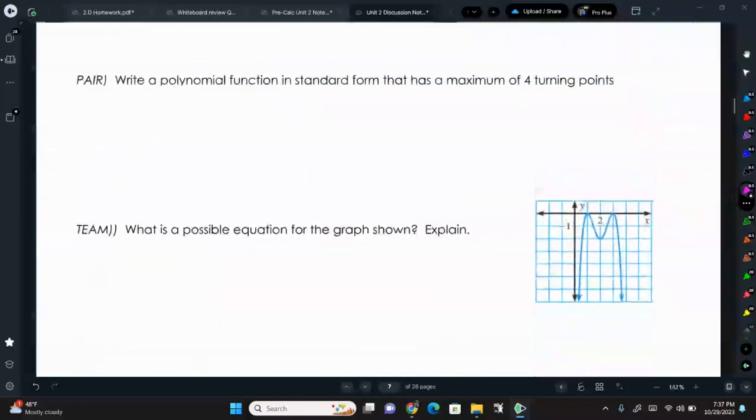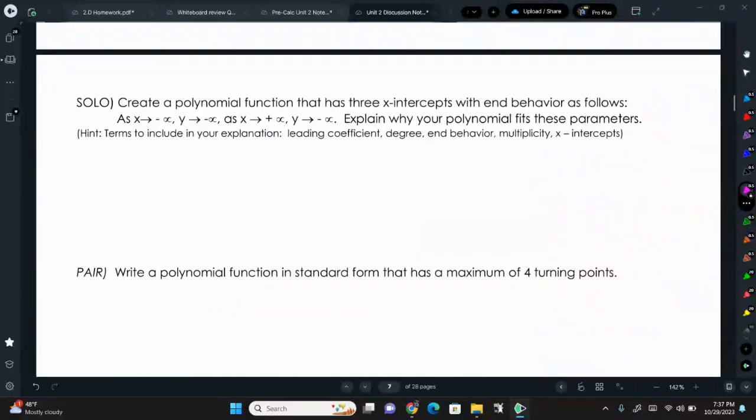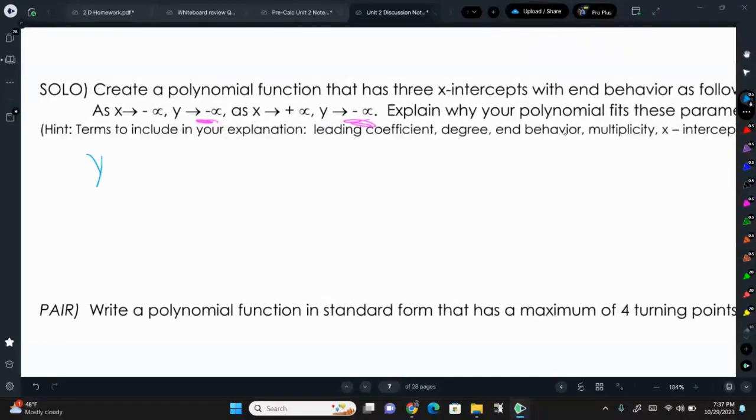And finally, we're going to create some things. Create a polynomial function that has 3 x-intercepts and the following end behavior. The left side goes down and the right side goes down. So I'm just going to make 3 parentheses because that has 3 distinct zeros, but this has a degree that is odd right now because we have invisible ones here.